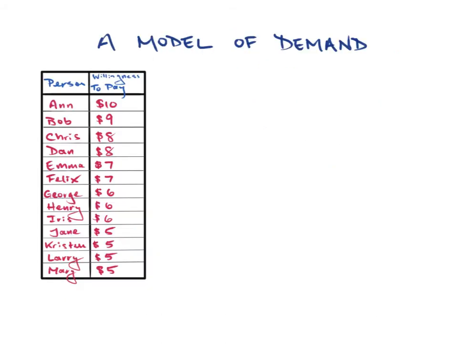Okay. So I'm going to start with a model of demand. And I have a bunch of people in this economy. I just gave them names: Ann, Bob, Chris, Dan, and so forth. And what are they purchasing? Hamburgers. They are at least considering purchasing hamburgers.